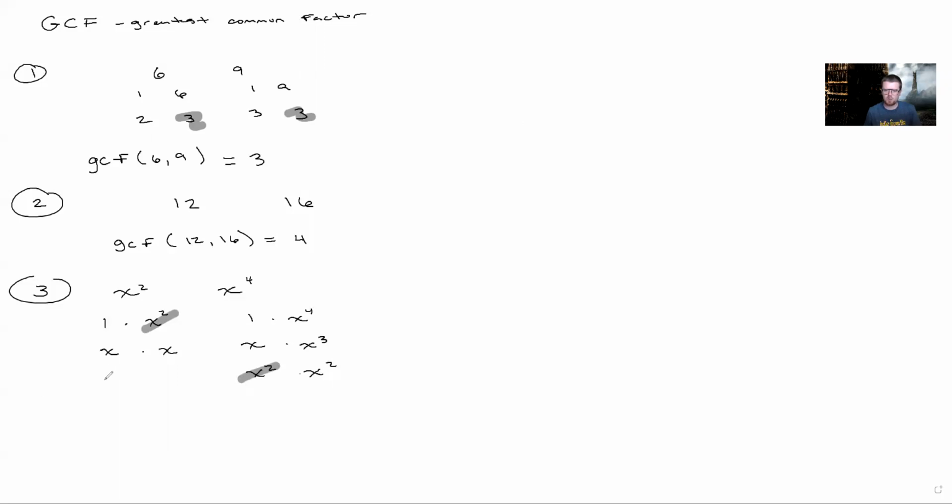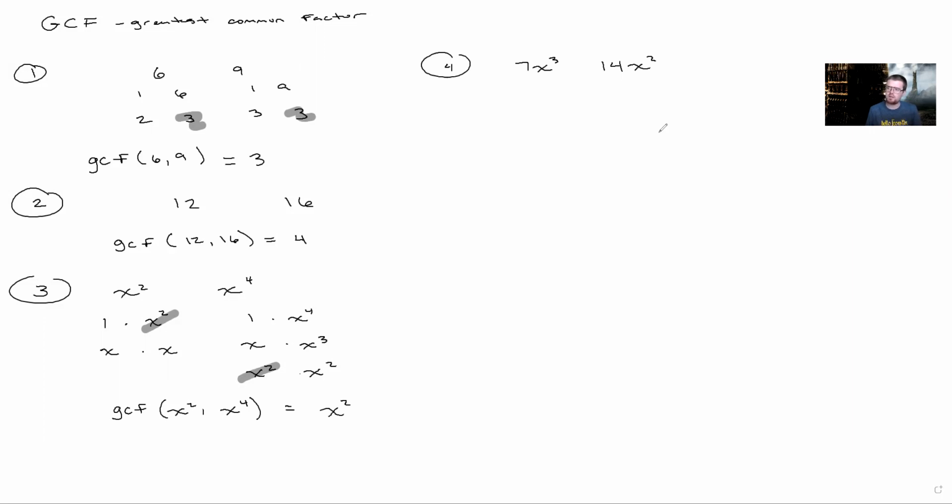Just like in number 1, notationally, if I said GCF of x squared comma x to the 4th power, then that answer would be x squared. You can also combine both integers and variable expressions. So for instance, if I had something like 7x to the 3rd power and 14x squared.